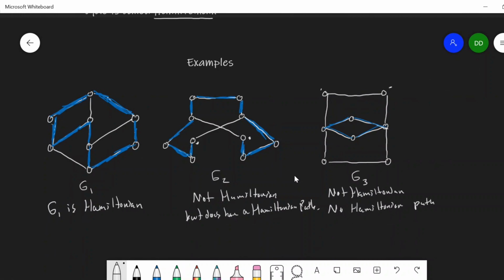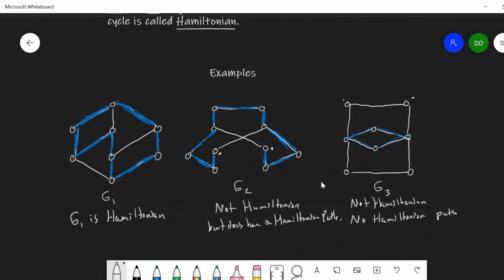So the principal goal of the rest of these videos is to come up with, just like we did with Eulerian graphs, sufficient conditions or necessary conditions for a graph to be Hamiltonian. If you look ahead in the book, you'll see that we have an entire section just devoted to sufficient conditions for Hamiltonicity, and then we have some other results for necessary conditions.